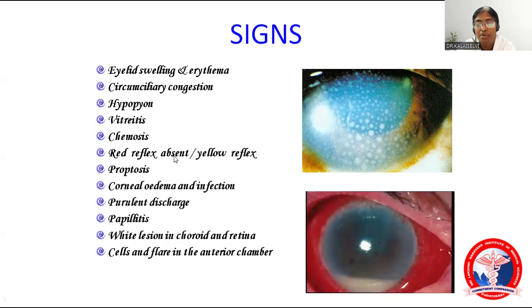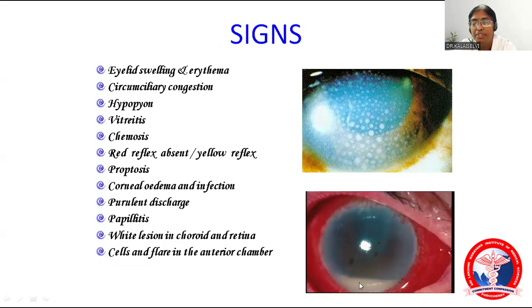So coming to the clinical signs present in them. The eyelid is edematous because of inflammation and swollen. There can be erythema and circumciliary congestion. And in the cornea, you have a hypopyon. In the cornea, we have keratic precipitates, which are inflammatory cells deposited on the back of the cornea.